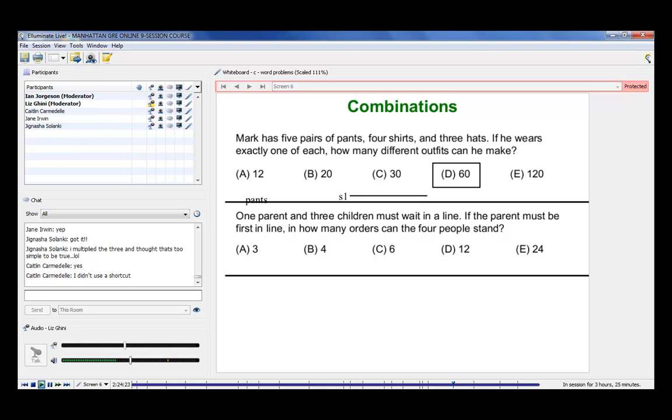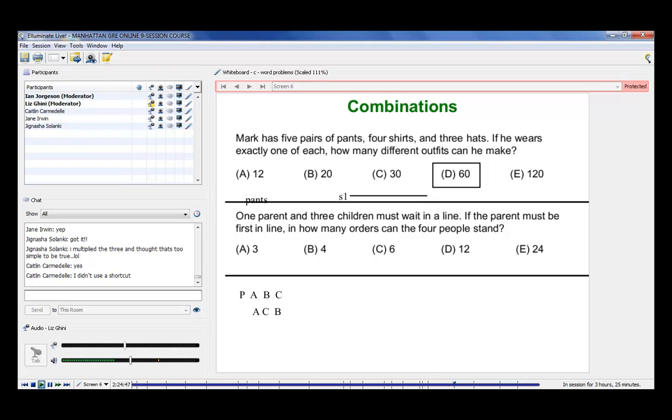I love that, writing out the possible combinations. That works for this sort of problem because it's not very big. If you think about it, we have parent, child A, child B and child C. I know that parent always goes first, so I just have to think about what the possible orders are for the children. I love what you did.